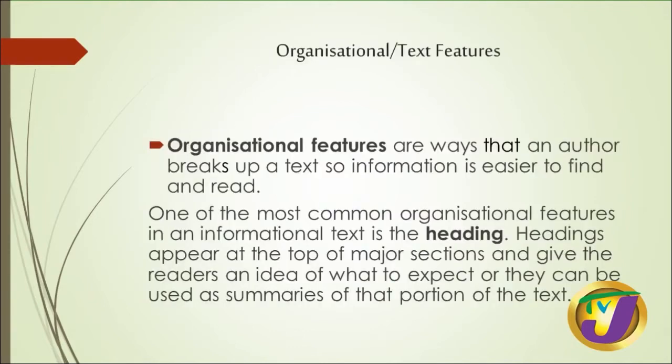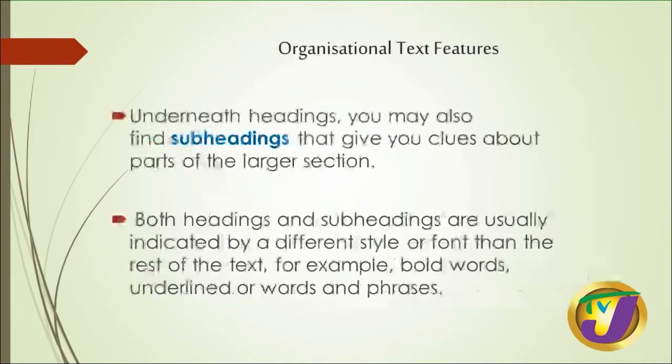Organizational features are ways that an author breaks up a text so information is easier to find and easier to read. One of the most common organizational features in an informational text is the heading. Headings appear at the top of the major sections and give the readers an idea of what to expect, or they can be used as summaries of that portion of the text.